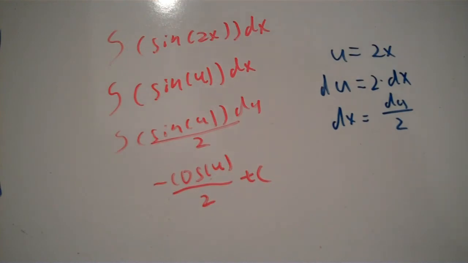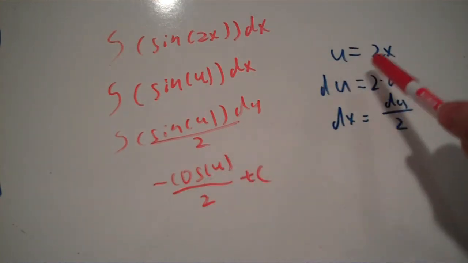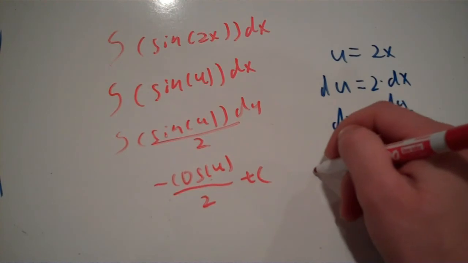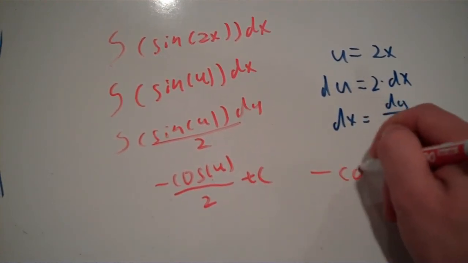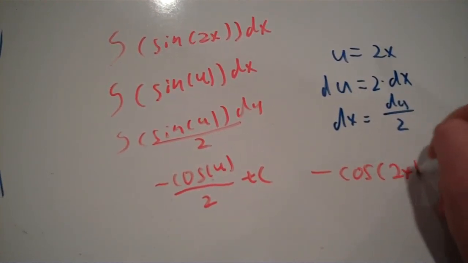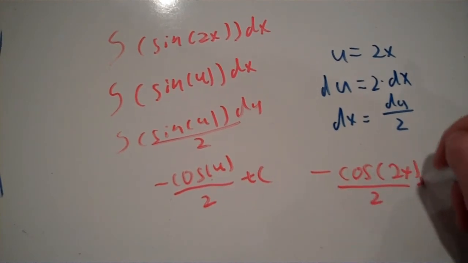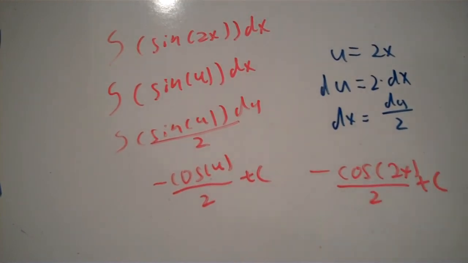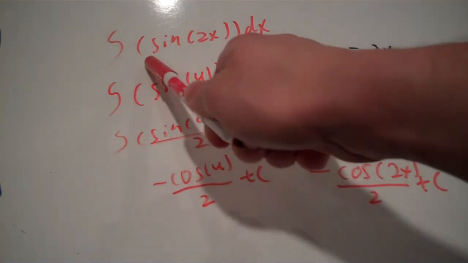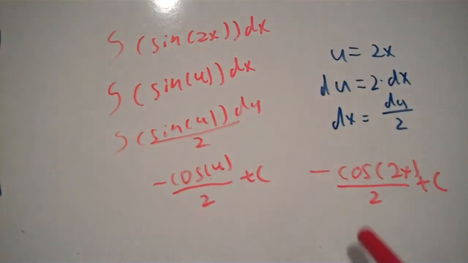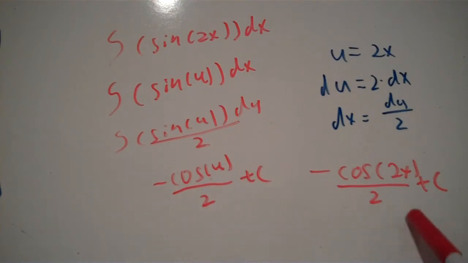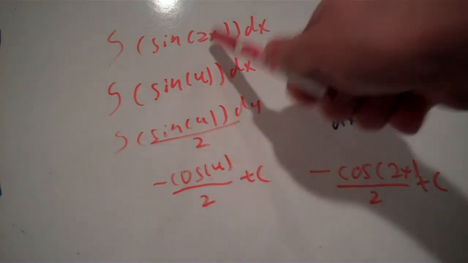Now, the last step we need to do is we need to get rid of this u. So to do that, we'll simply look back up here and replace our u with the 2x. So, that leaves us with negative cosine of 2x over 2 plus c. So, the integral of sine of 2x is negative cosine of 2x over 2 plus c. And if you take the derivative of this, you'll see you get that.